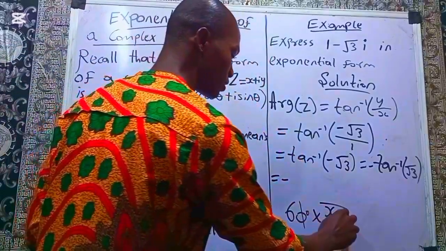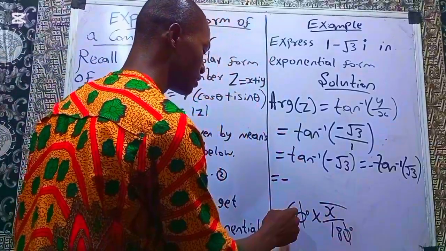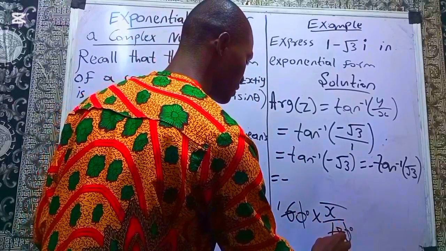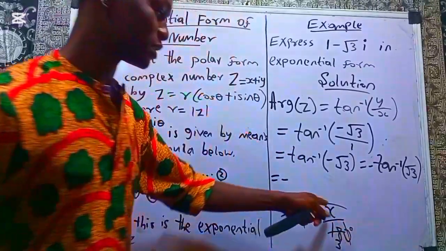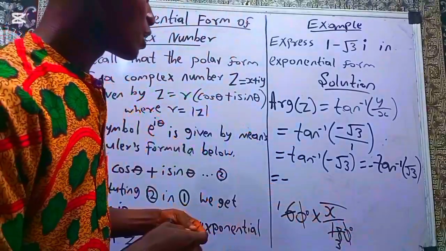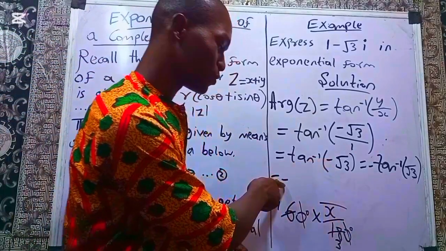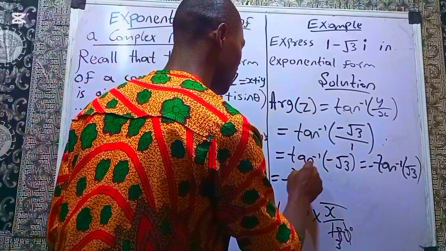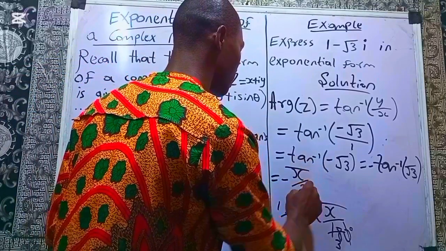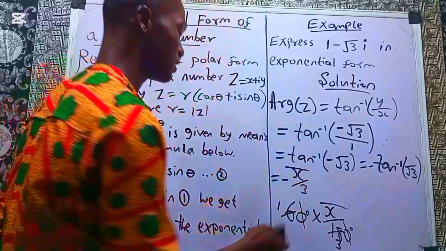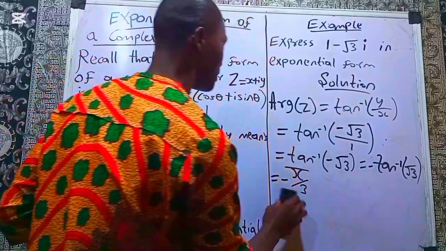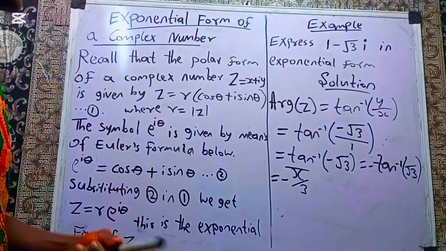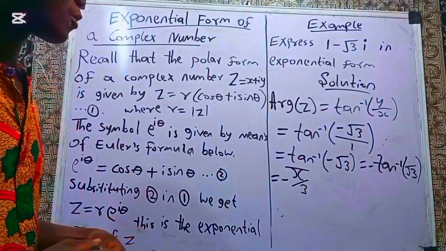Now 0 can cancel 0. 6 divides itself 1. 6 divides 18, you get 3. So what do you get? Pi over 3, right? But we brought out this negative, so our answer will be negative pi over 3. So negative pi over 3 is the principal argument of this complex number.